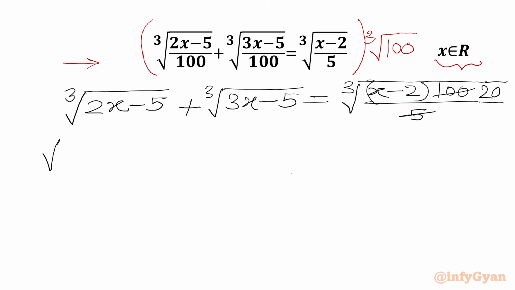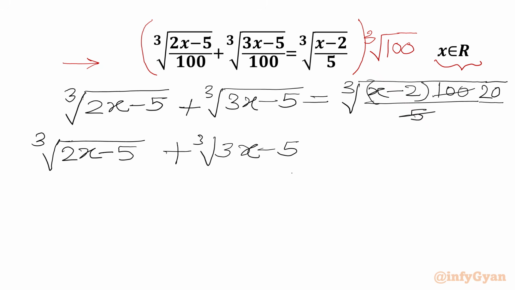So we can write our equation cube root of 2x minus 5 plus cube root of 3x minus 5 equal to cube root of 4 times 5, this is 20, times x minus 2.